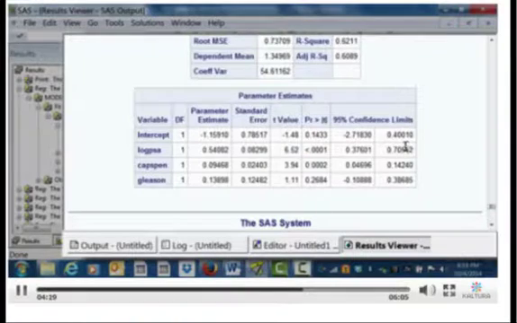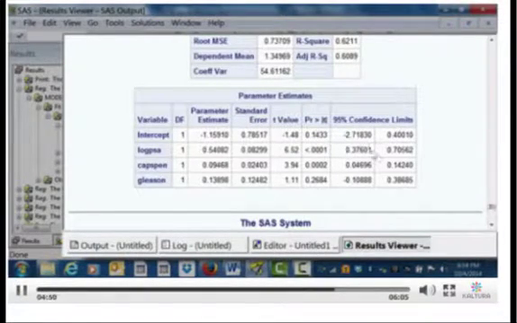Now these confidence limits are 95% confidence limits. So these are determined using the t-critical value, not this t-statistic, but the t-critical value for a t-distribution with 93 degrees of freedom. That gives us the positive and negative t-critical value that gives us 95% of the area under the t-distribution with 93 degrees of freedom in between those values.